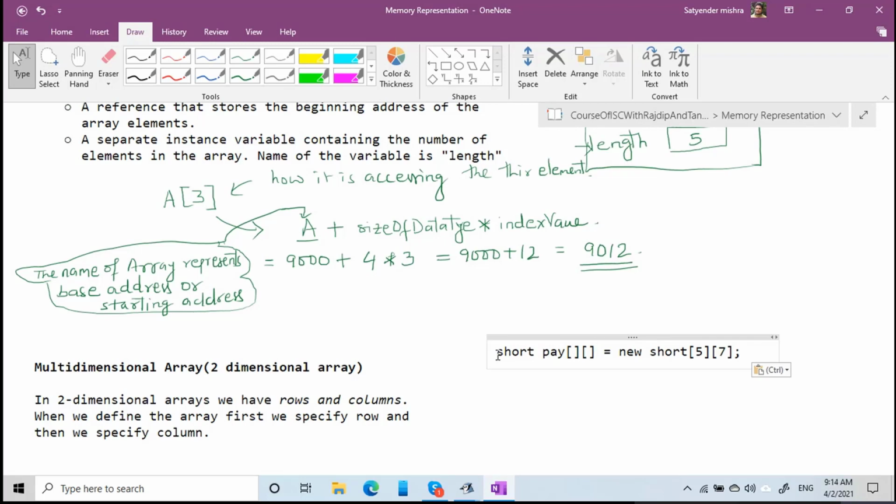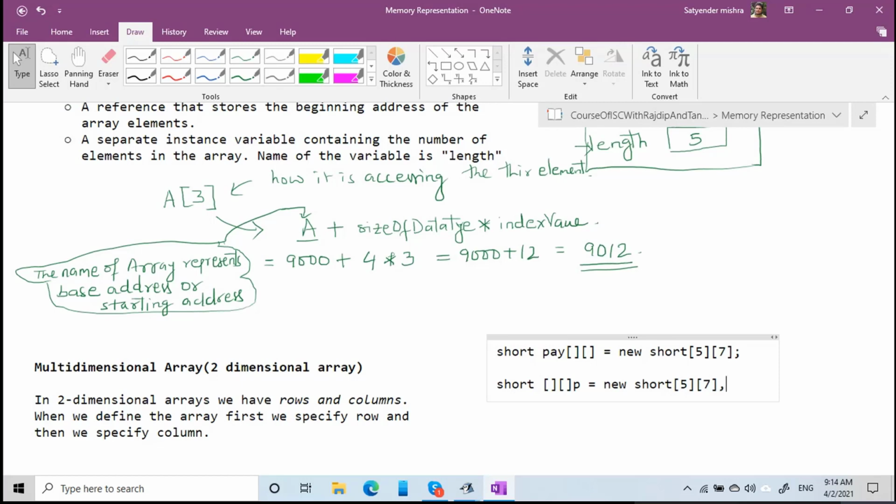And there is a difference between writing the square bracket before the identifier and after the identifier. If you write the square bracket before the identifier, so for example, you have written something like this: short, with the square bracket here, say p is equal to new, and you have given 5 and 7, same size.